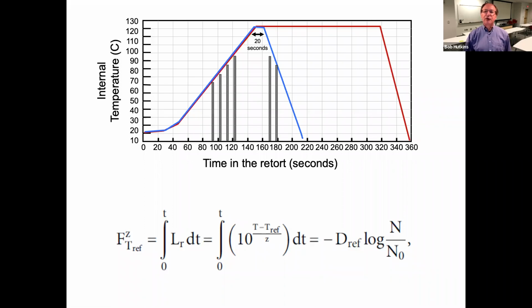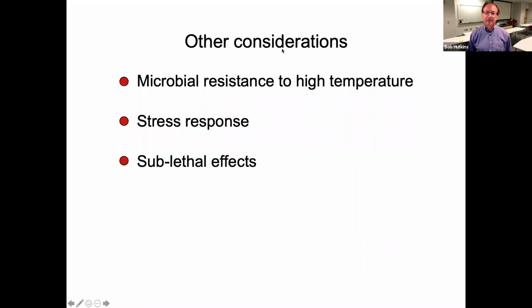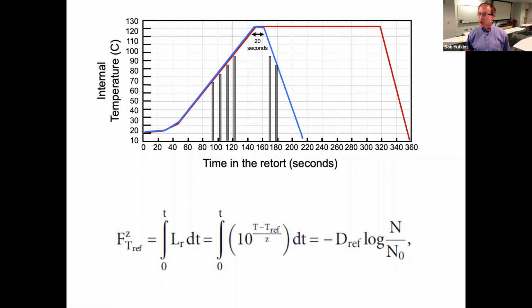If you integrate that, you'll realize it only takes 20 seconds at 121 when you combine it with all the killing that occurs, especially in this zone up here. Once you're above 100, you get even more killing. So that's a really important point.